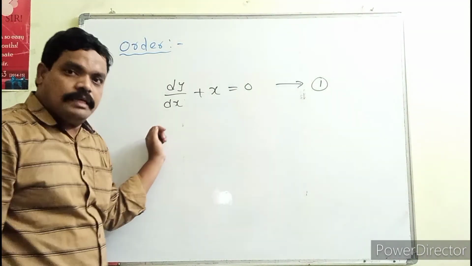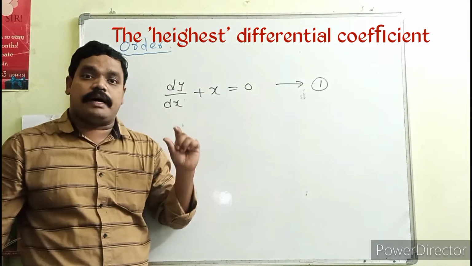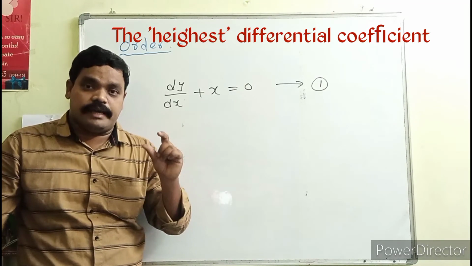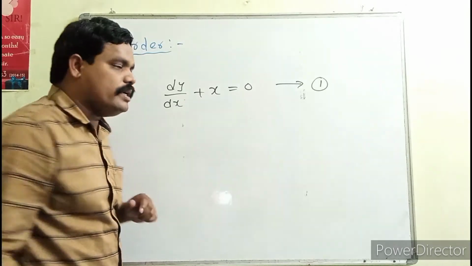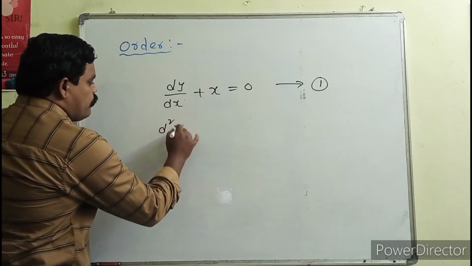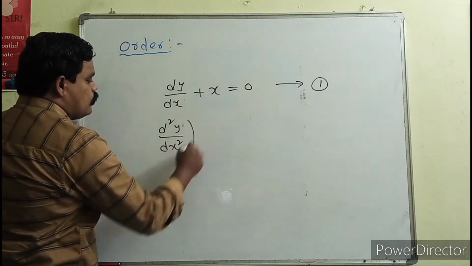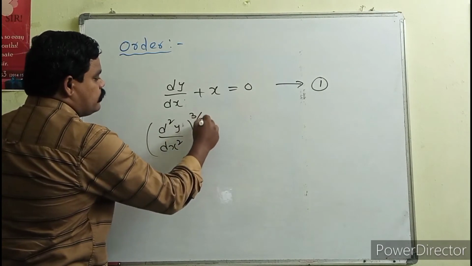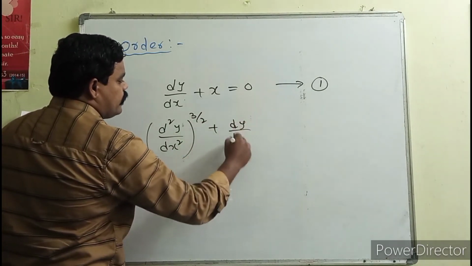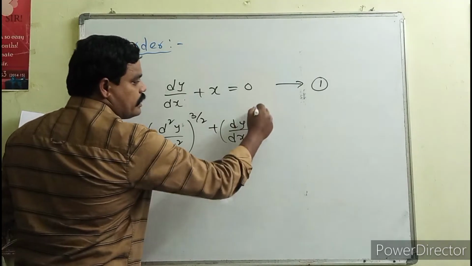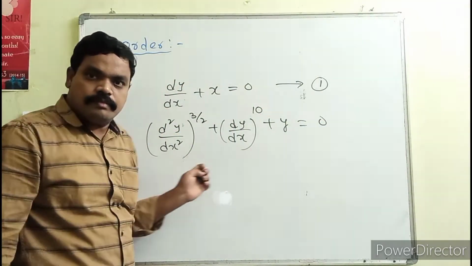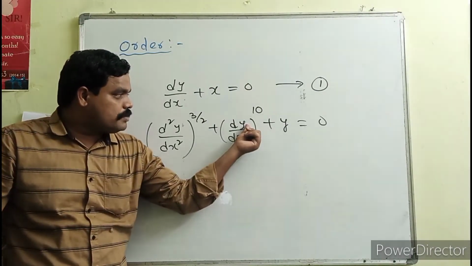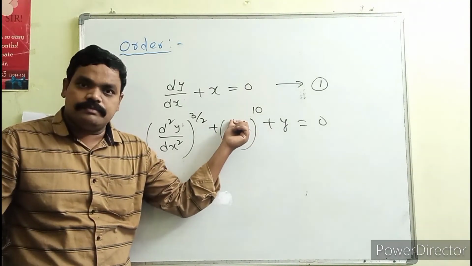What about order? The highest, that is, the particular highest differential coefficient in any equation. Suppose there is d square y by dx square whole power 3 by 2 plus dy by dx whole power 10 plus y equal to 0. Here we differentiate y with respect to x only one time.